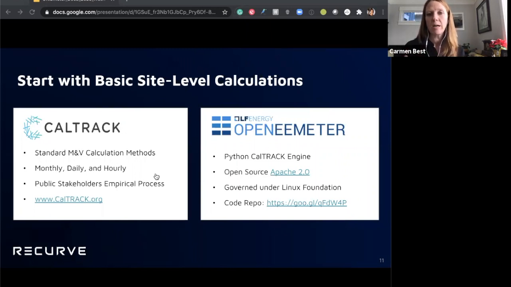Now, what Caltrac and the OpenEE meter do not do is isolate the relative impacts of those sites from all the other exogenous activities that are at play on the grid, like naturally occurring improvements in energy efficiency, or direct influences, even like codes and standards policies, or like we noted, the mother of all exogenous effects, which was COVID-19 and its effect on energy usage.